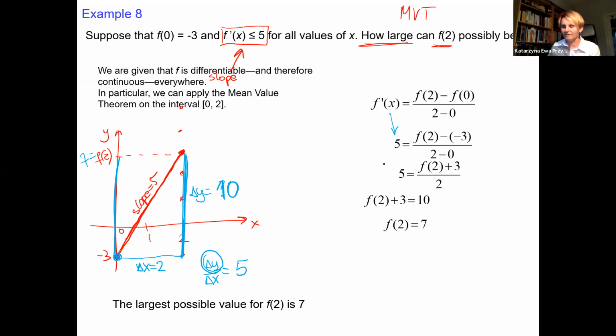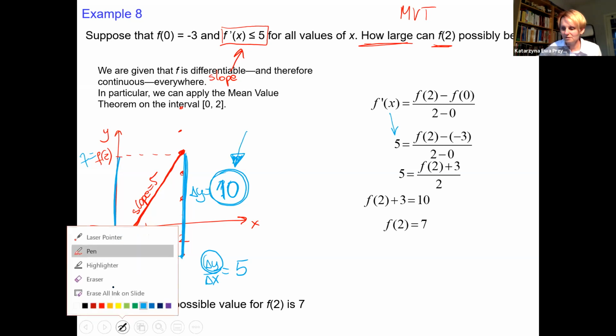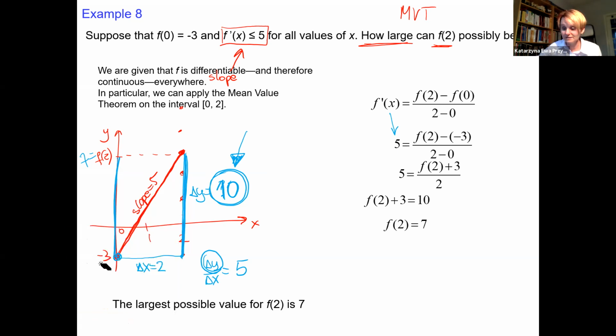Why is this 7? Because who is asking? Christopher. Do you understand, Christopher, where we got 10? Okay, good, excellent. Because we know that this is the slope. We didn't know 10. And I asked, what number divided by 2, because that's the slope definition, will give us 5? Of course, 10.